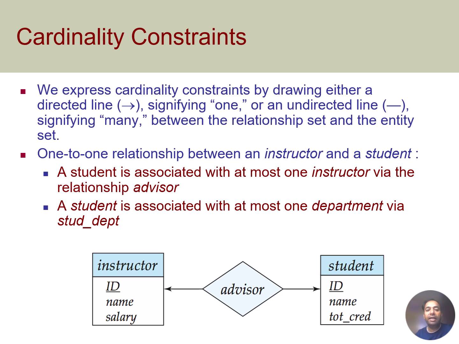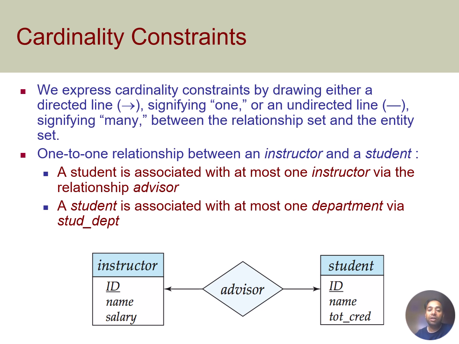A directed line, an arrow, means one, and an undirected line means many. For example, if each student has one advisor, the student side gets an arrow. This gives us a one-to-one relationship between student and instructor.